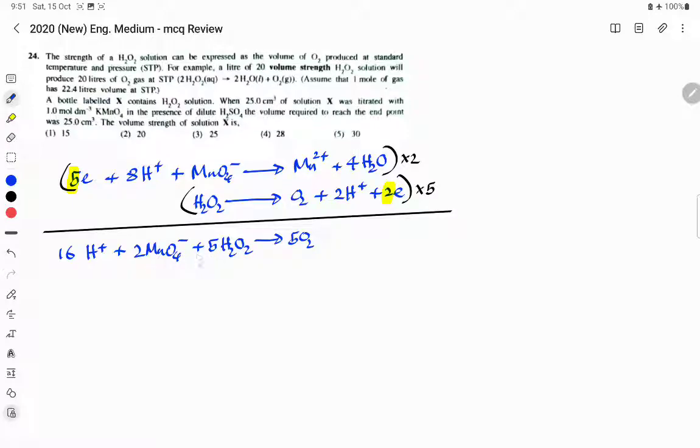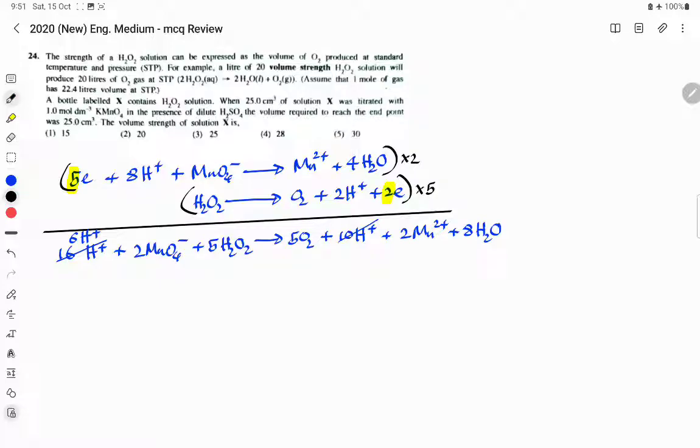You just need only this stoichiometry. And 10H plus, 2 Mn2 plus, and 8H2O. You can cancel off these H plus if you want. You can put 6H plus here, but it is not necessary for this calculation.